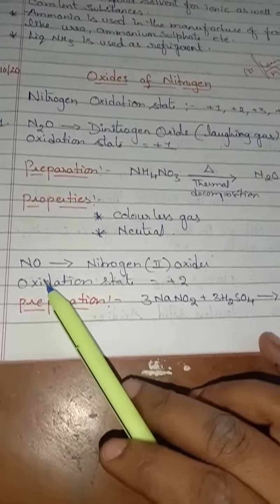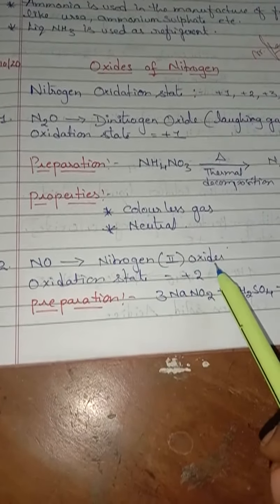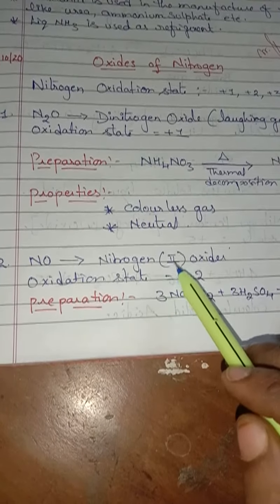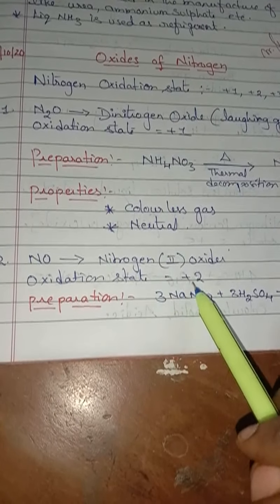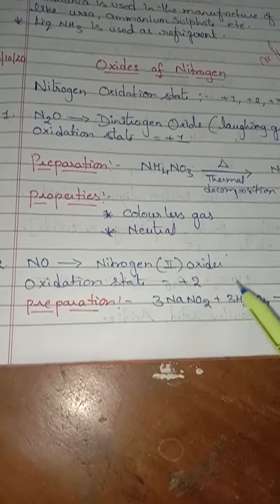If we move to the next one, NO, that is nitrogen oxide. Why did I write a Roman numeral 2 here? Because here the nitrogen oxidation state is +2. Whenever these numerals are there, they indicate the oxidation state.